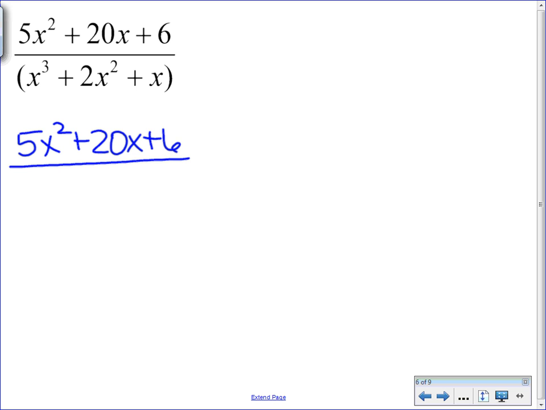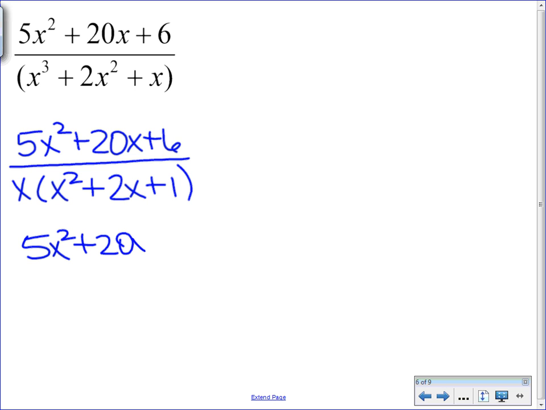What do we need to do first? Factor out an x. Then what? Does that trinomial factor? X plus 1, the quantity squared.